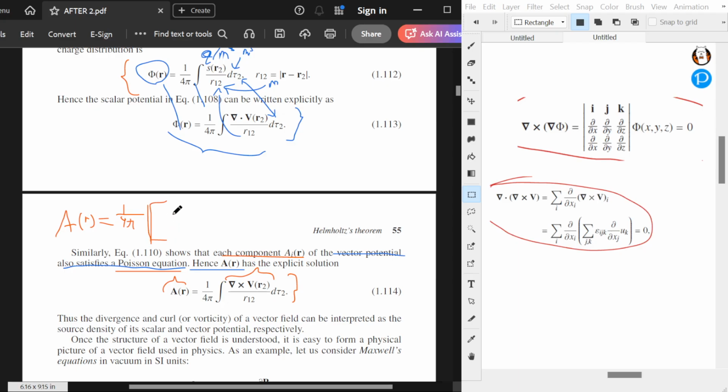Big bracket, summation, i, how do I do this? 1 to 3. I forget. i equals 1 to 3, of the integral of the curl of phi_i over R12, d tau 2.